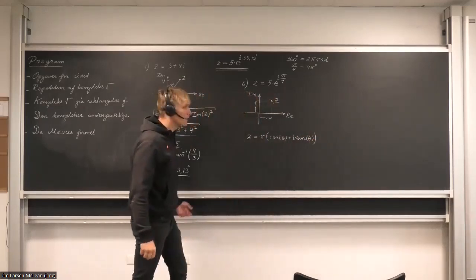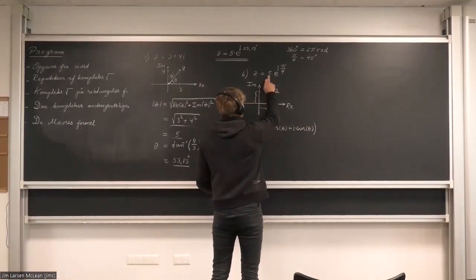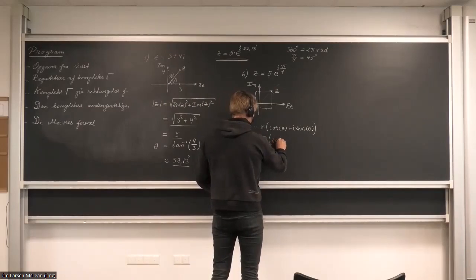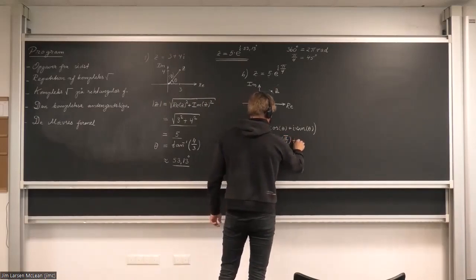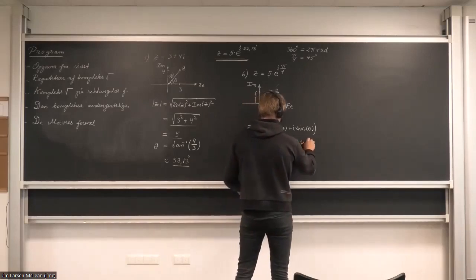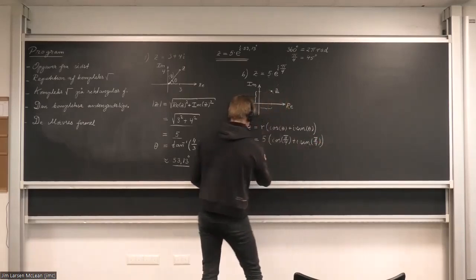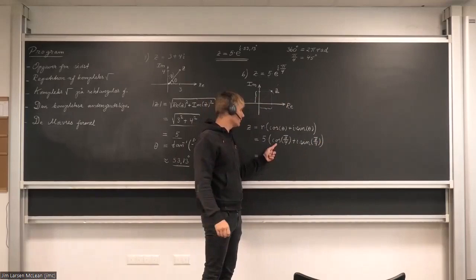And then we can just plug the numbers in. The modulus of z can be read as 5. So this should be 5 times the cosine of the angle, which is pi over 4. And then we can continue calculating that. If you're not sure, you can always punch into a calculator what cosine of pi over 4 is.